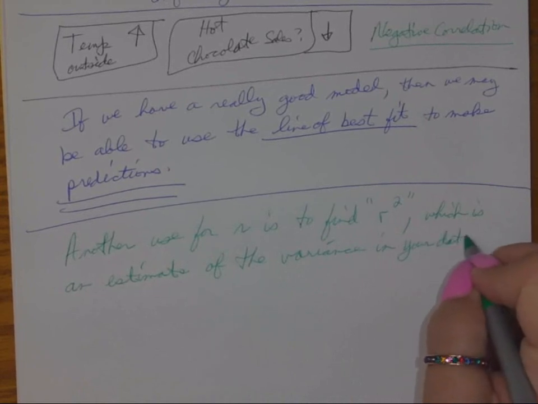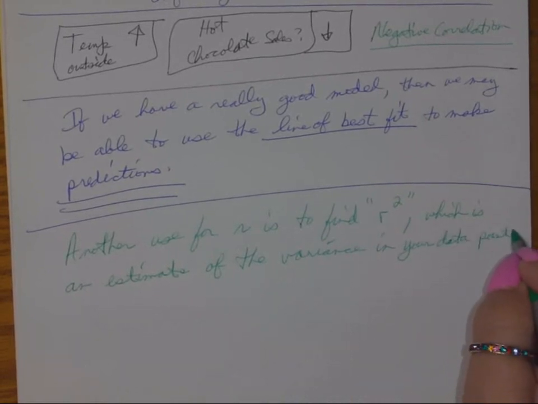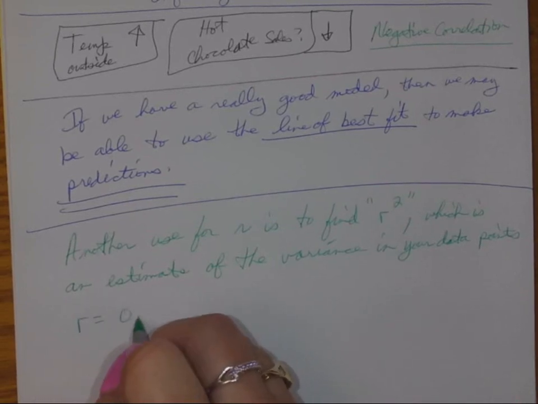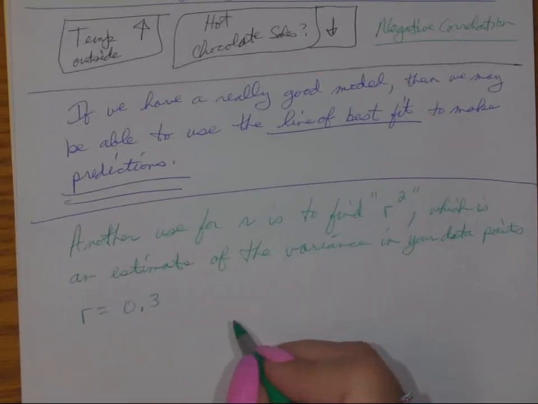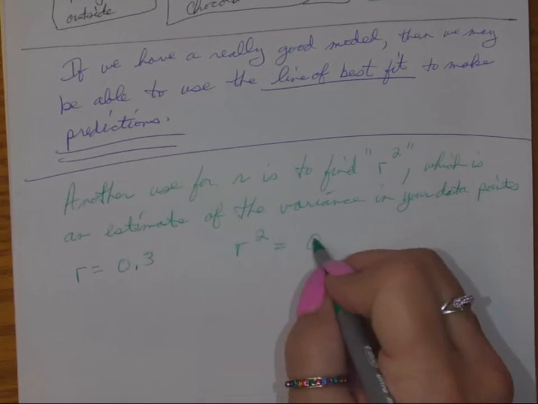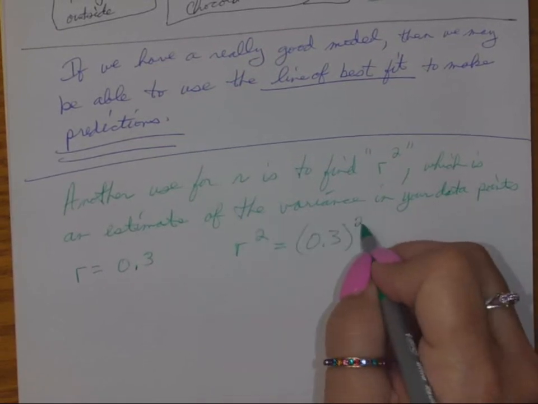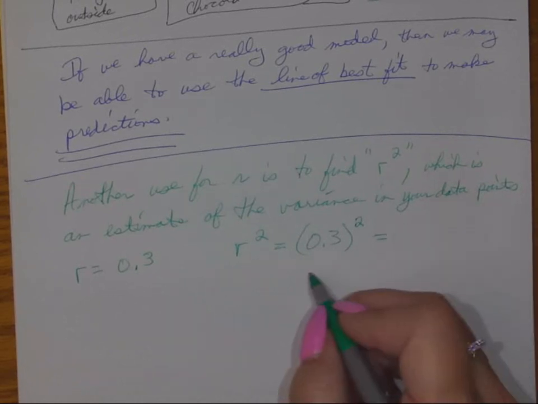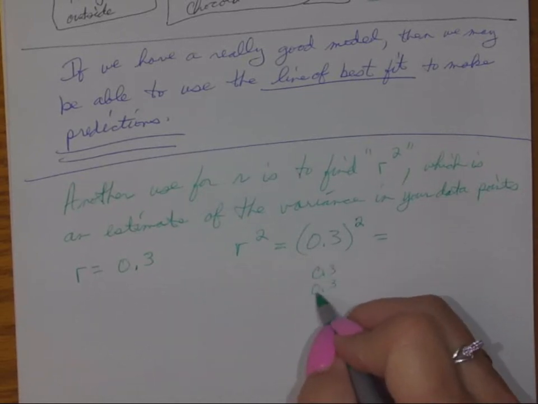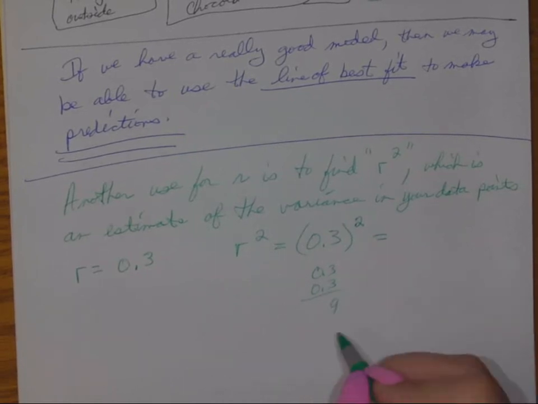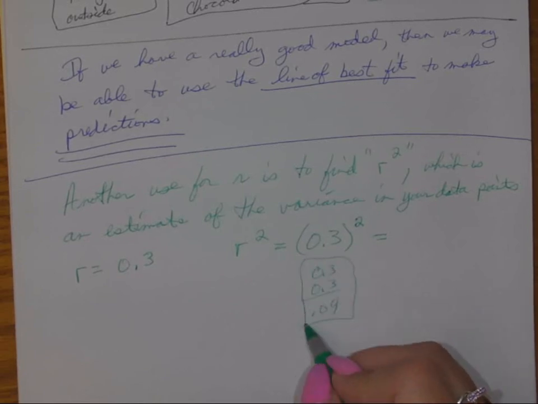So what that means is, and I'll use a nice easy one, say that if R is 0.3, then R squared is what? 0.3 squared, which would be, take your 0.3, multiply it. 3 times 3 is 9, but I've got 2 decimal places, so I would put a 0.09. You can put that on the calculator if you want to.